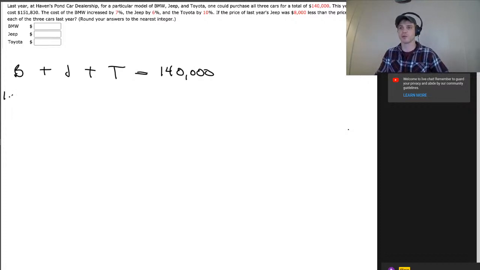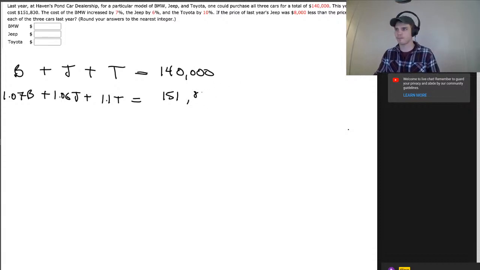So the way we write that is 1.07 times the cost last year, plus the Jeep is 1.06 times the cost last year. And then the Toyota is 1.10 times the cost of the Toyota last year. And the new cost is $151,830. So inflation will get you.